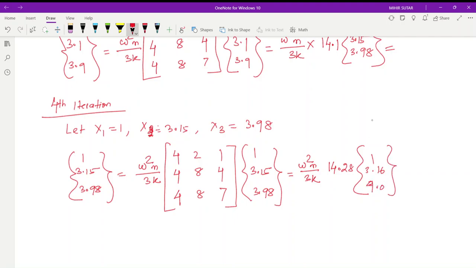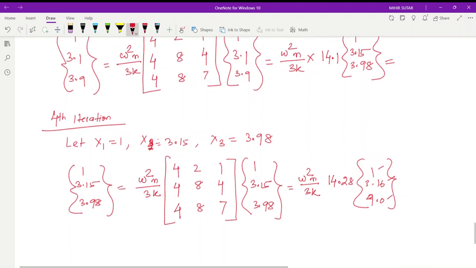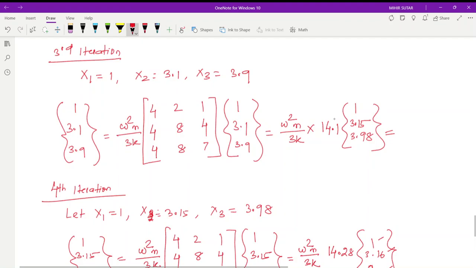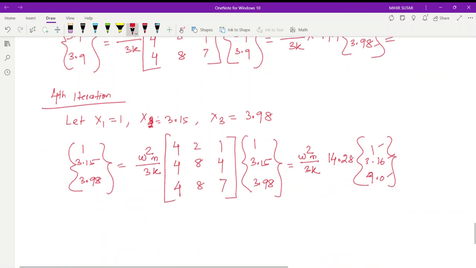So here you can see the values of these deflections like 1, 3.16, 4 are quite repeating themselves as compared to the previous iteration 1, 3.15, 3.98. So here we will stop the iteration process.